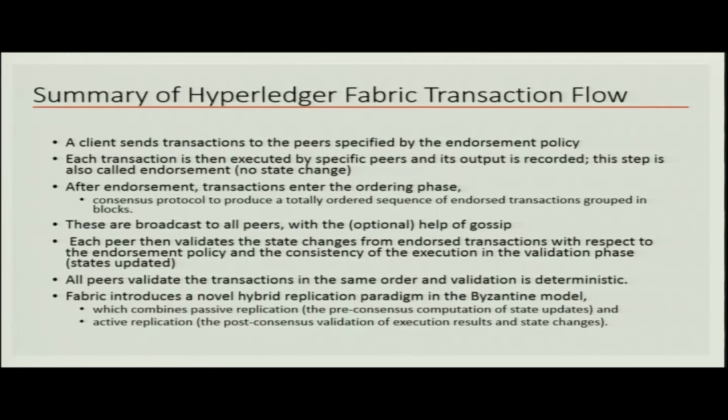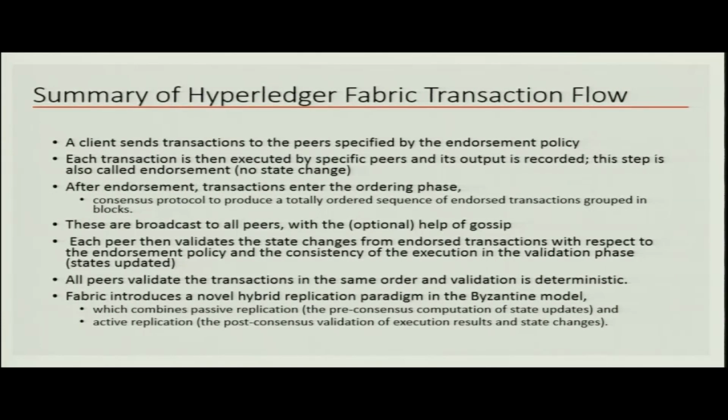So here I want to summarize the Hyperledger Fabric transaction flow. A client sends a transaction to peers specified by the endorsement policy. Each transaction is executed by specific peers and its output is recorded, but nobody changes anything in the database or in the blockchain.